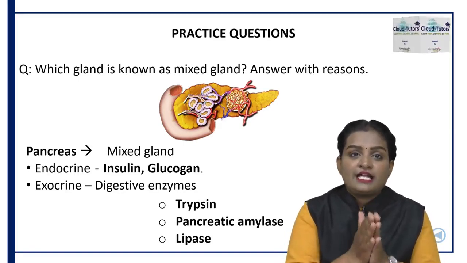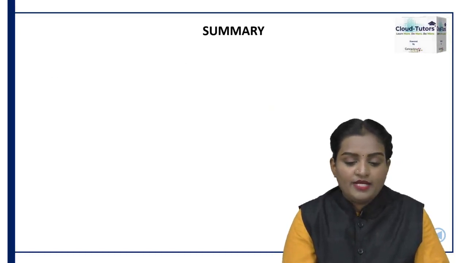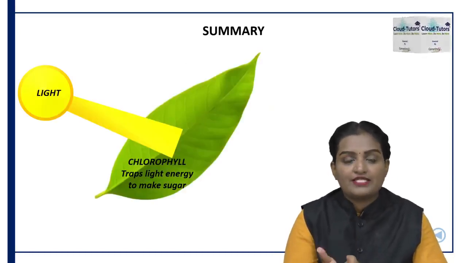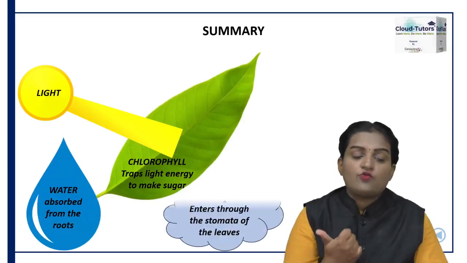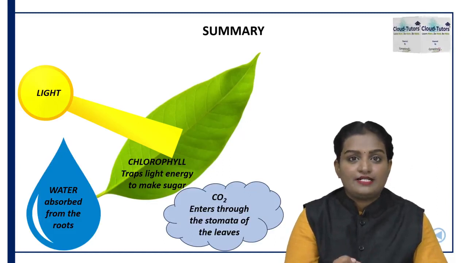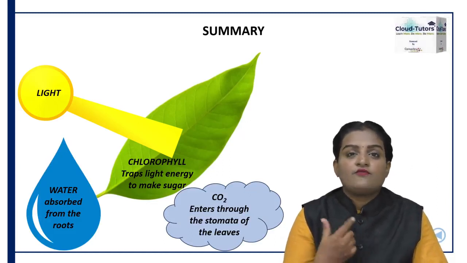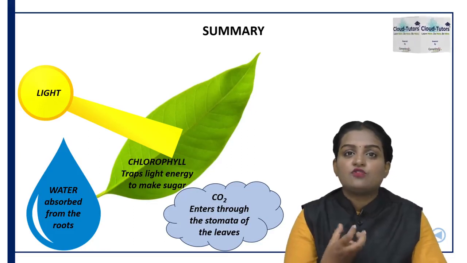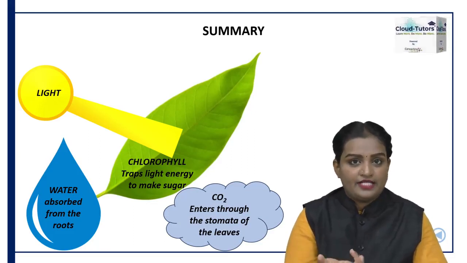Now time to summarize the topic. First we saw photosynthesis: light is trapped by the chlorophyll and water is absorbed by the root. Carbon dioxide is taken in through the stomatal pore. This photosynthetic event occurs in the green parts or green leaves where chlorophyll pigment is present.